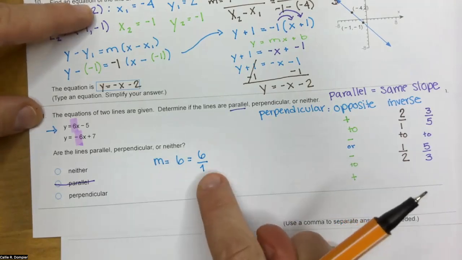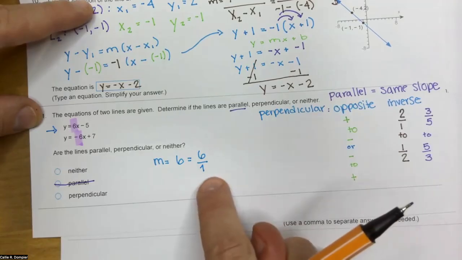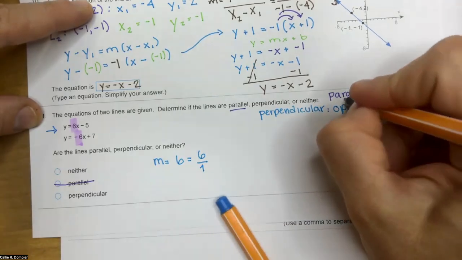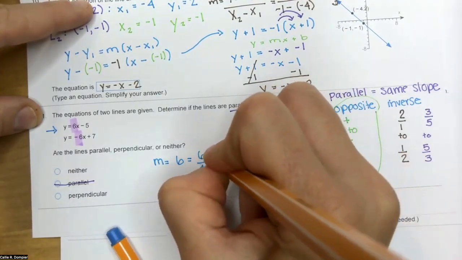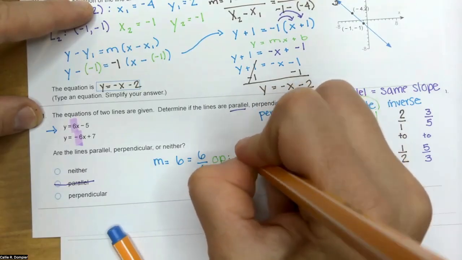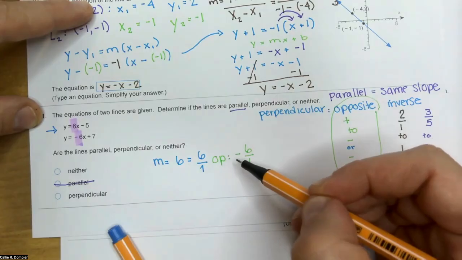Okay, so we need to take this fraction and do the opposite. Right now it's positive, so if we want to make it opposite, it's going to be negative 6 over 1. You can put the negative here, you can put it down here, you can put it out in front.